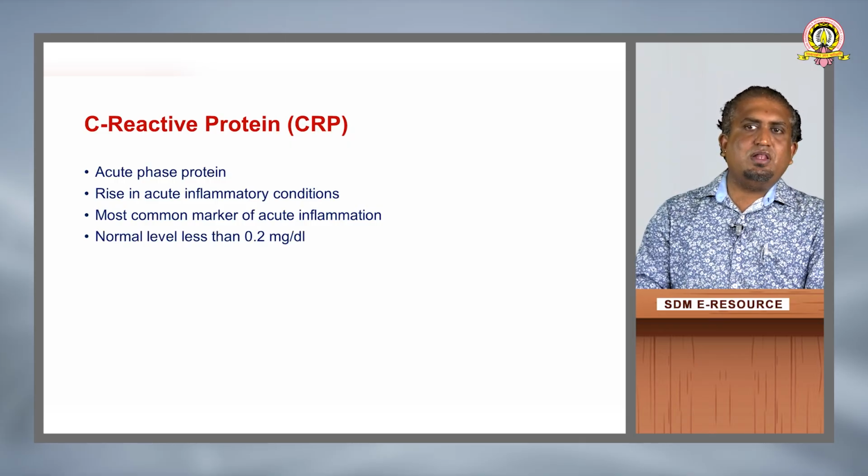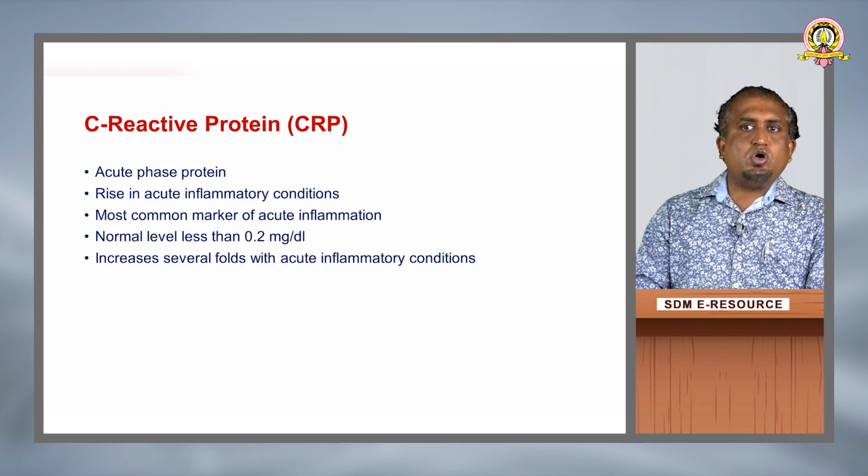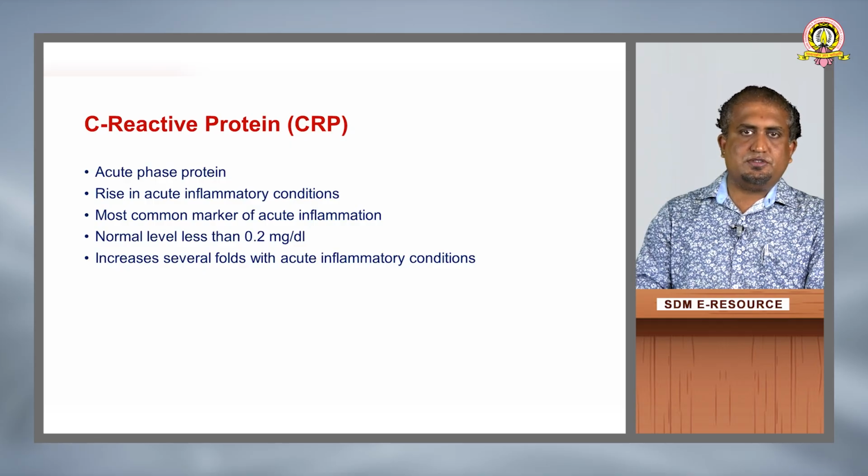The normal level of C-reactive protein is less than 0.2 milligram per deciliter. It increases several folds with acute inflammatory conditions.